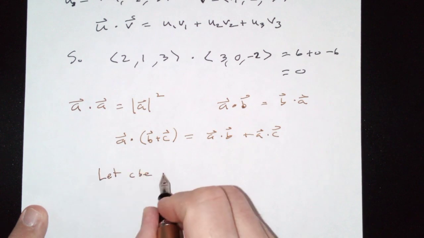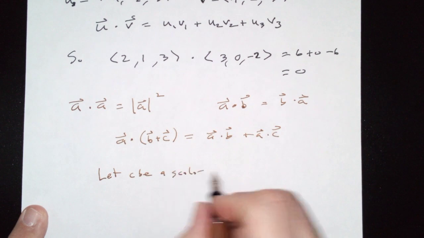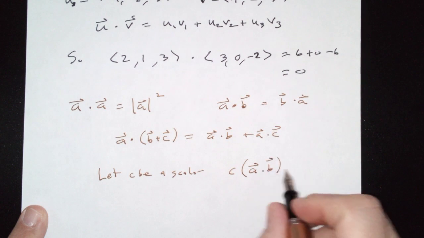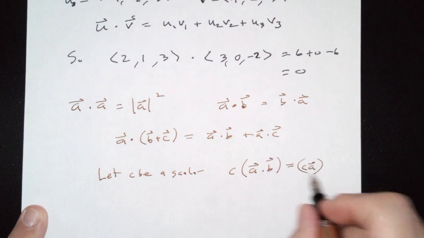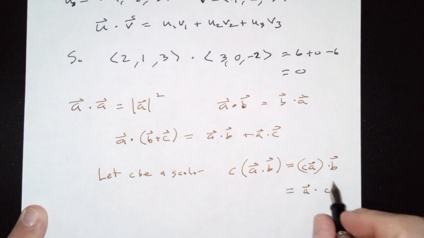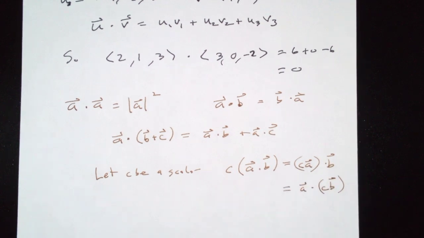Let C be a scalar, then C times (A dot B) is the same as (CA) dot B, which is also the same as A dot (CB). I put that C wherever I want. It can be on the first vector, the second vector, or done after.